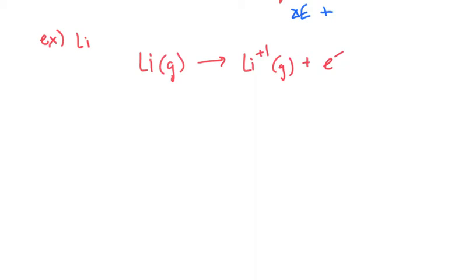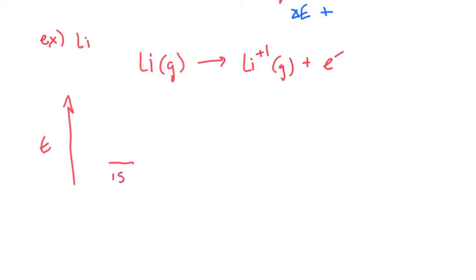Another way of writing this is if we take a look at the electron configuration involved in lithium. We have 3 electrons in lithium, so remember when we write this, our energy is going to be increasing as we go up.